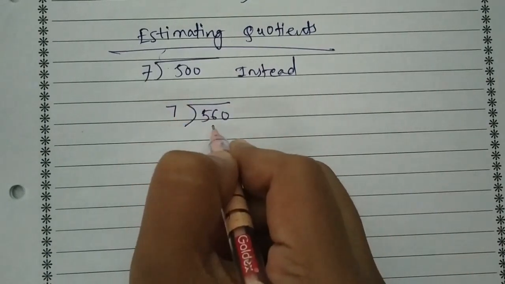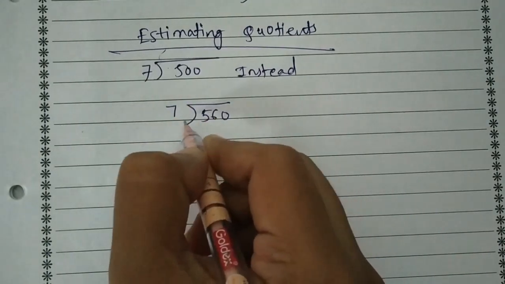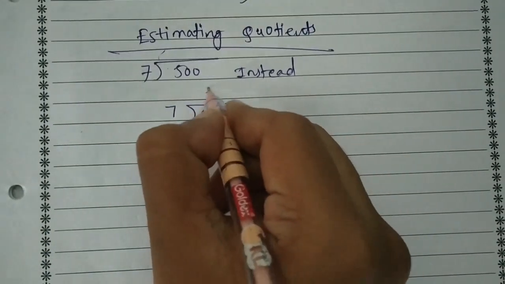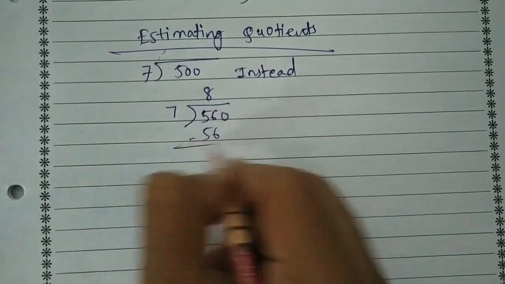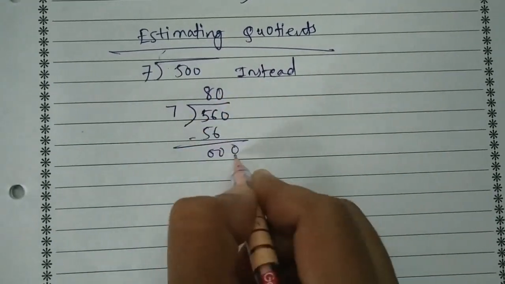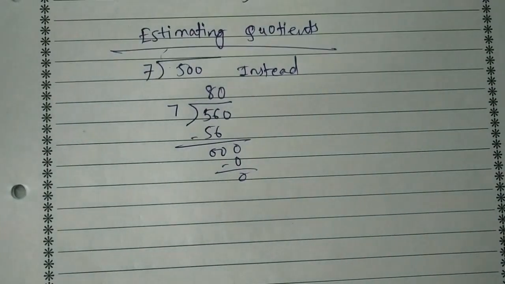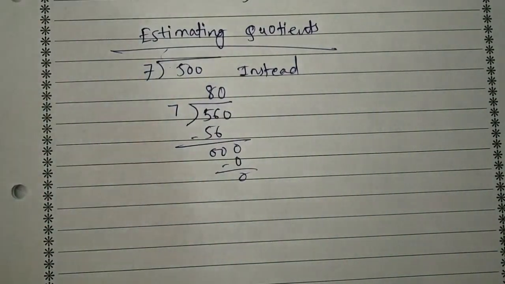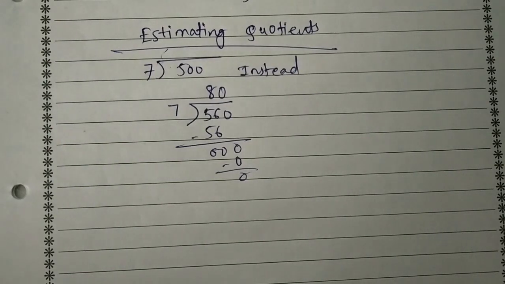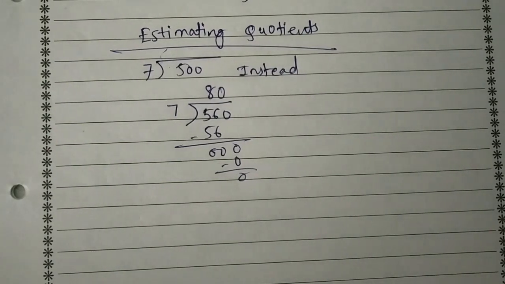So instead of 500, I am taking 560. 7 8s are 56, and here 0, that means 80. So this will be easy to estimate. It is easier to estimate the quotient by using compatible numbers. You can divide them easily.